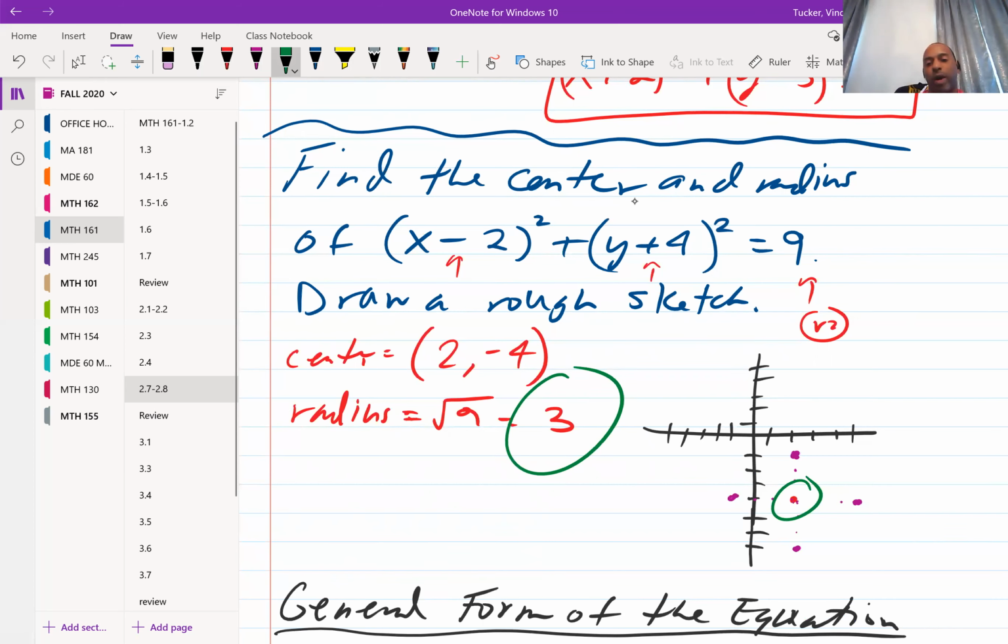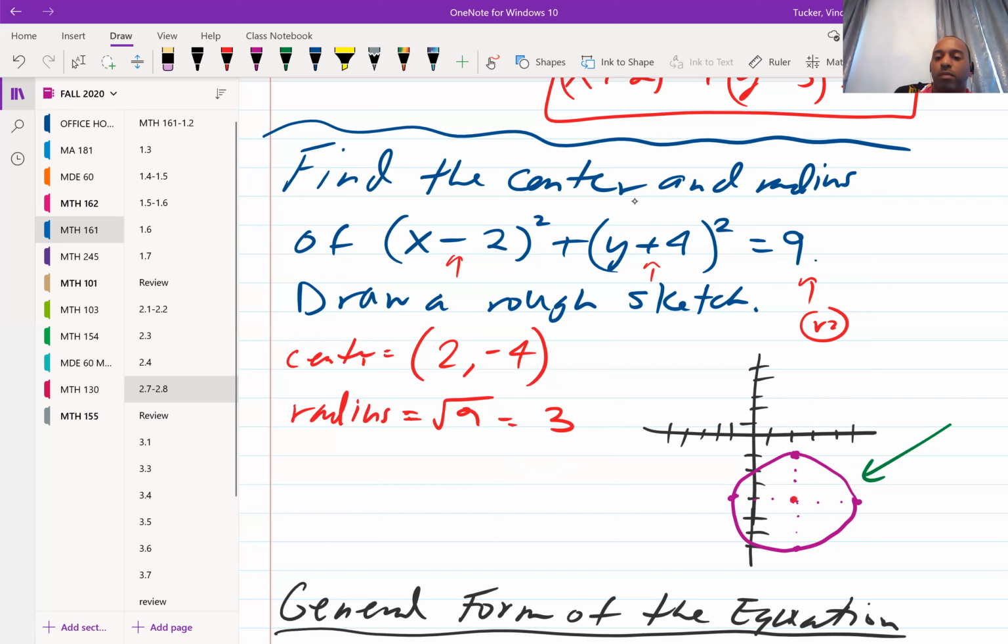So you just go to the right 3, up 3, down 3, left 3 from your center. And then just draw a circle connecting those 4 dots. And that's what I did right here. All right, questions.